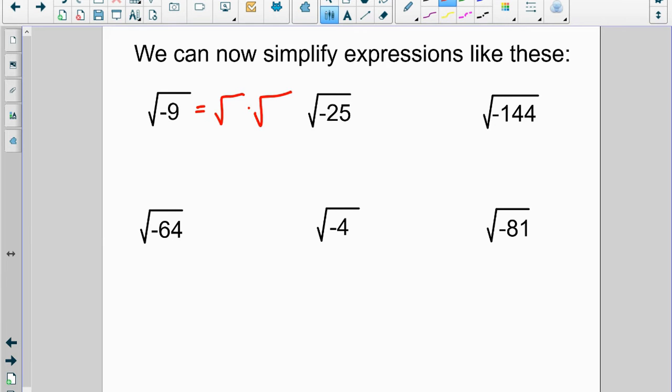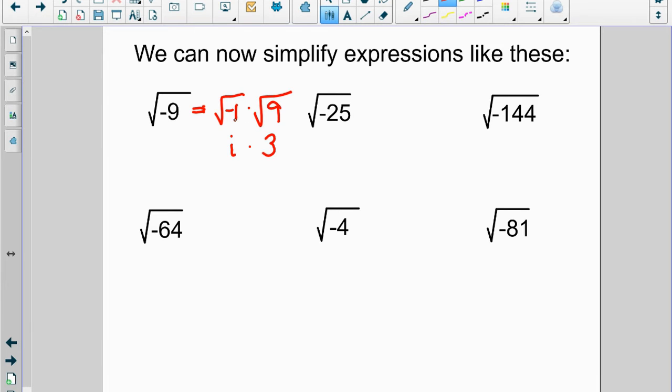Think about what two numbers multiply up to negative 9 using perfect squares. Well, I know that negative 1 times 9 is negative 9. So this is a true statement. The square root of negative 9 can be written as square root of negative 1 times square root of 9. Now we just talked about that square root of negative 1, that's i. The square root of 9, that's 3.